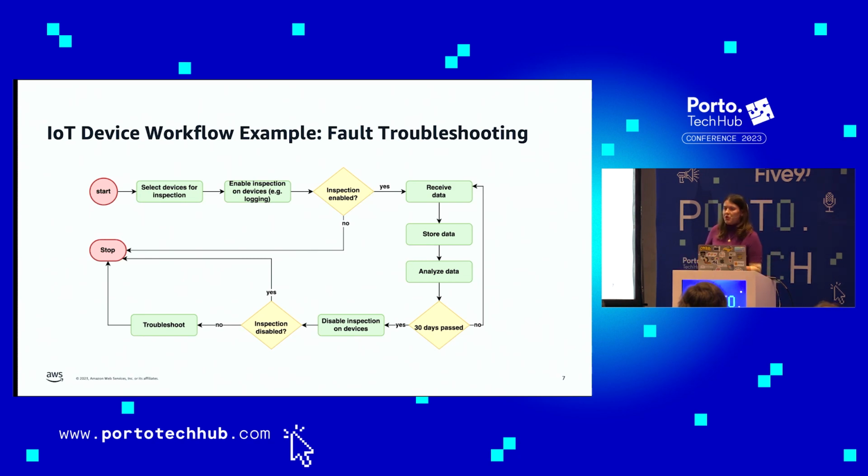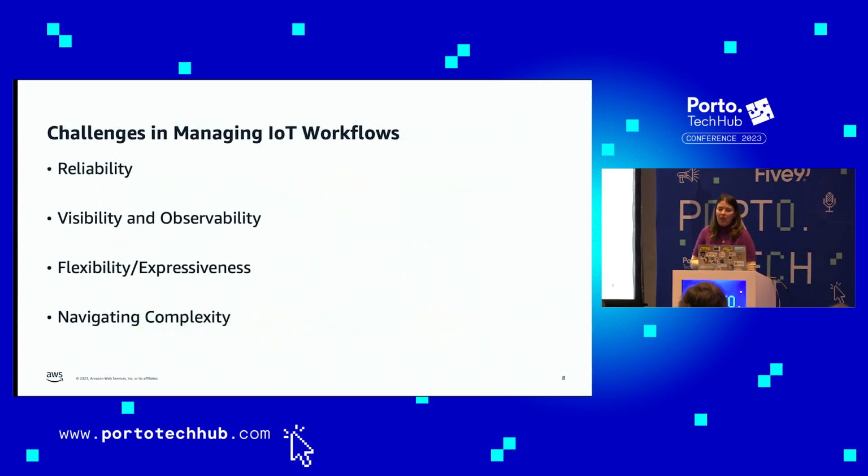So you enable this inspection, you receive data for a while, you store it, you analyze it, you go through this workflow, and let's say after 30 days, you want to disable that. So you will actually disable it, and this is when your workflow would stop.